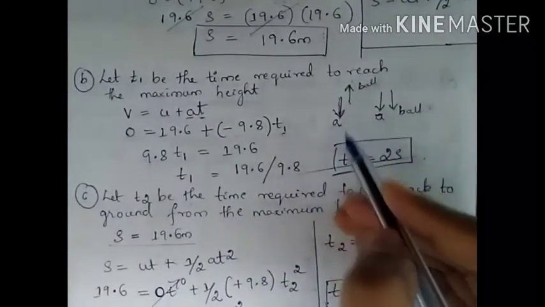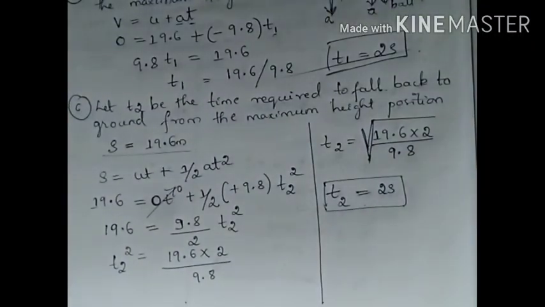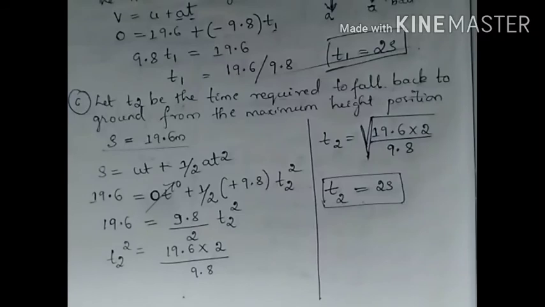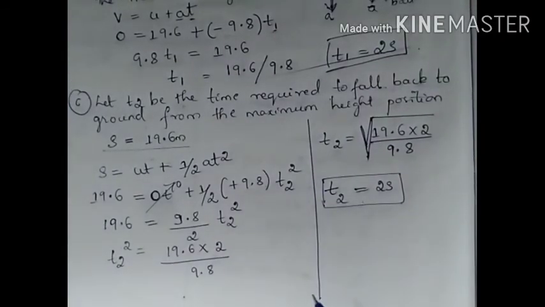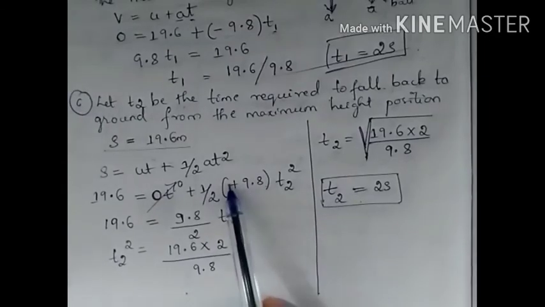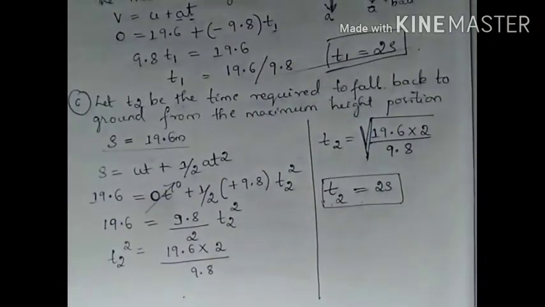So if it is in the opposite direction, then you should take it as a negative value. And then at last we found the time of descent by substituting A value as plus 9.8. So we found T2, T1 and H.